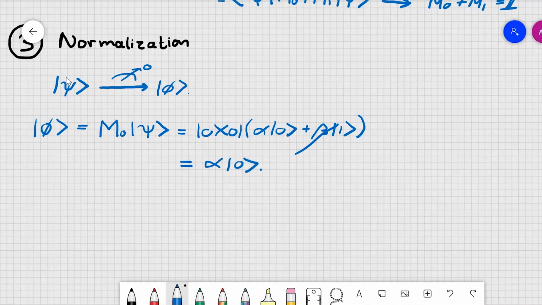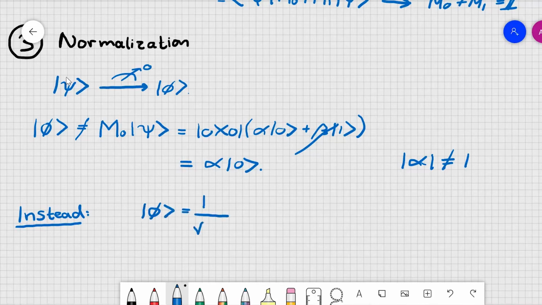Now there's something wrong with this, because in general the norm of alpha is not 1. Therefore, the state phi is not properly normalized. Instead, we should normalize phi with 1 over the square root of the probability.